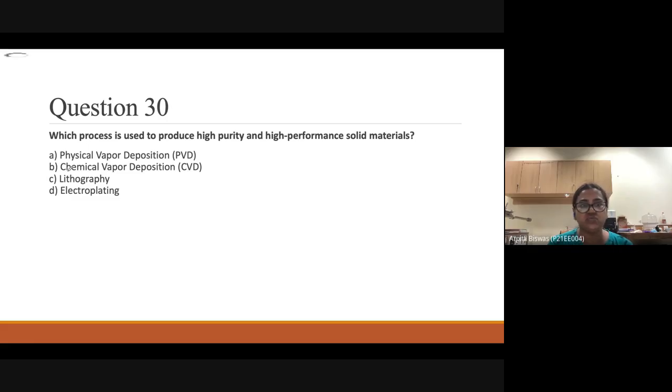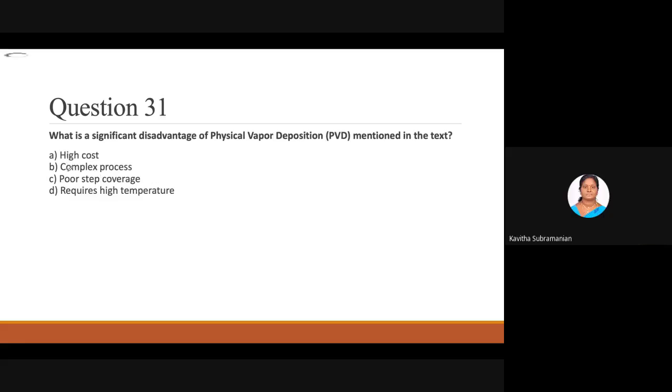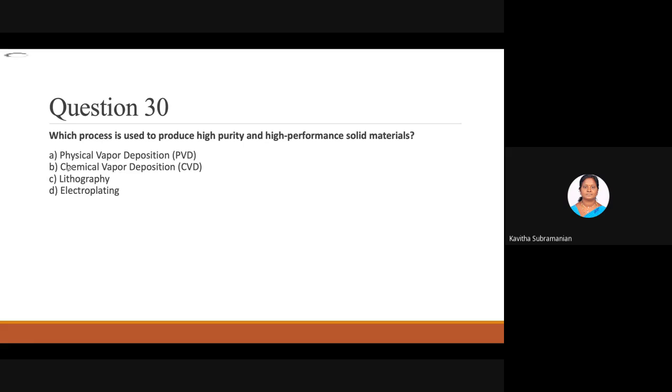Which process is used to produce high purity and high performance solid material? PVD, CVD, lithography, or electroplating?